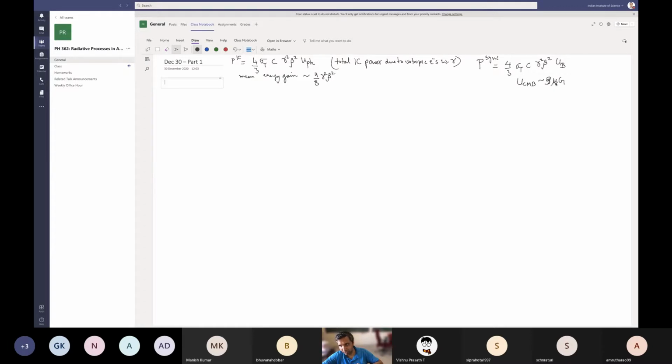So when you have a magnetic field equal to 3 microgauss, these two expressions for photons coming from the CMB are equal. Anyway, now we'll move on to the inverse Compton scattering spectrum.